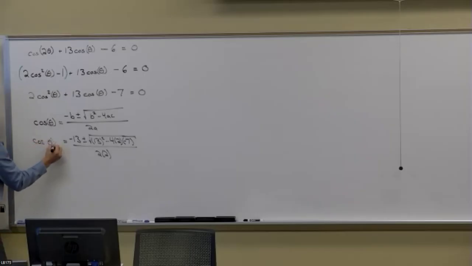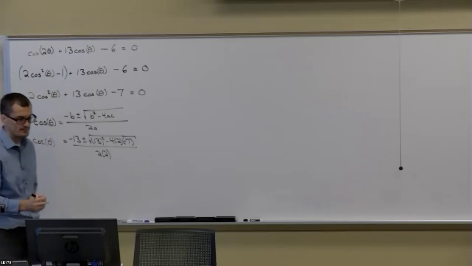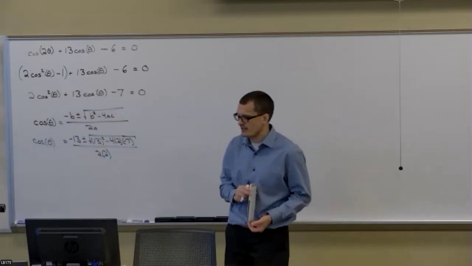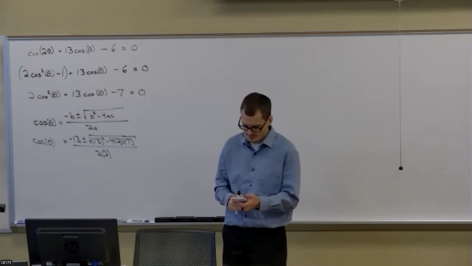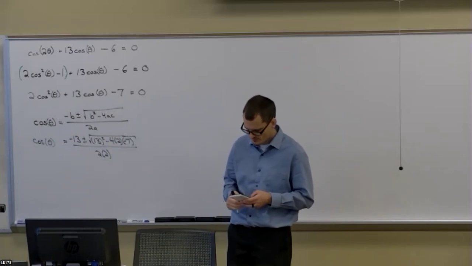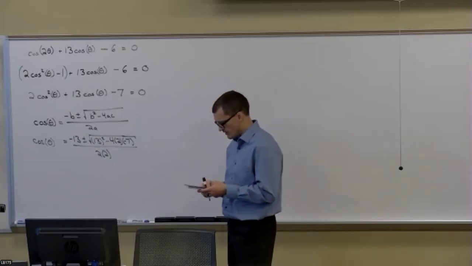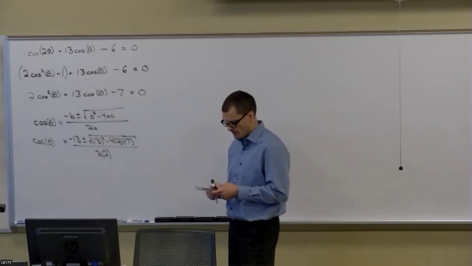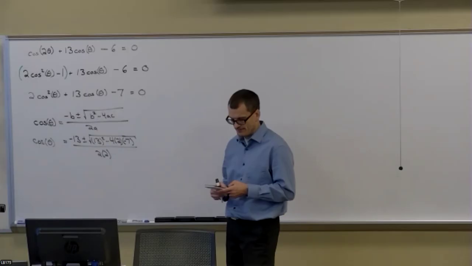So we get two options for cosine. By the way, 13 squared minus 4 times 2 times -7 gives me 225. The square root of 225 is 15.